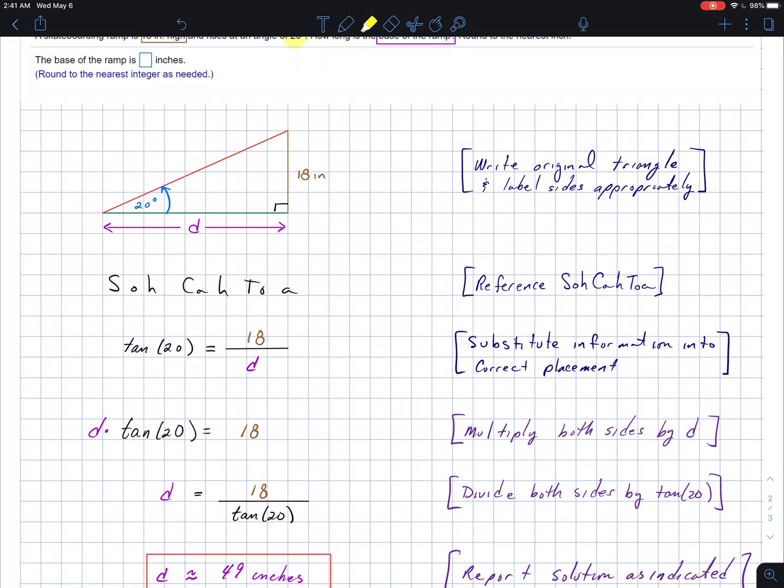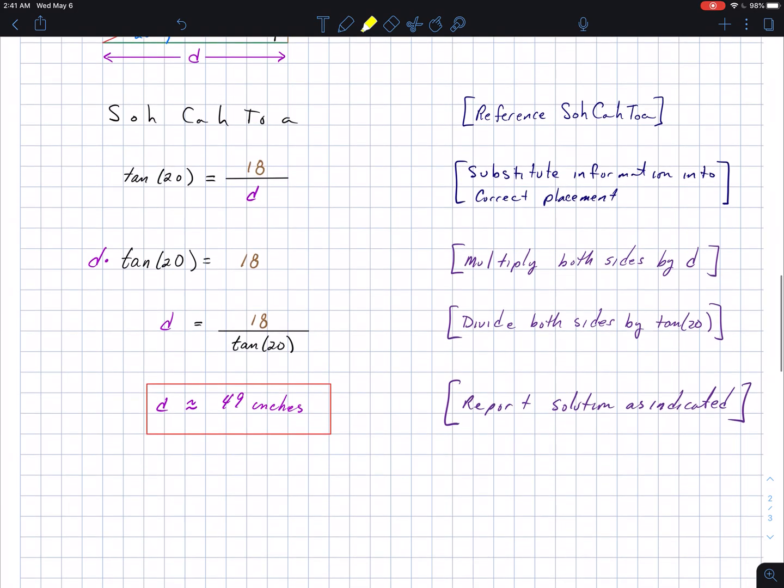And again, this is a tangent. It has opposite over adjacent sides, so I placed all the correct information in the right spots, and then we multiplied both sides by d, and then we divide both sides by the tangent, the whole thing of 20.